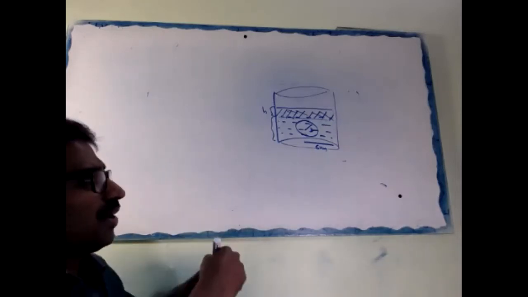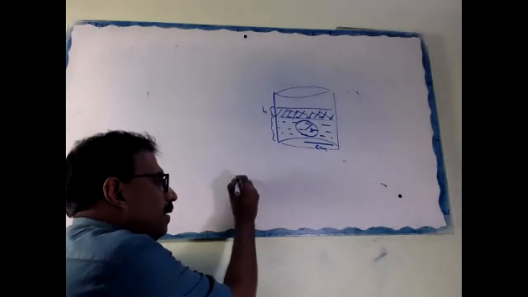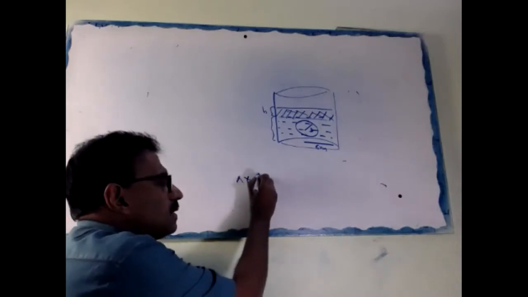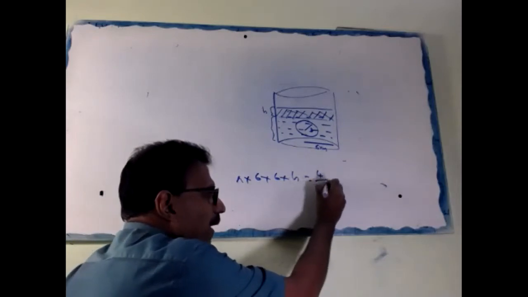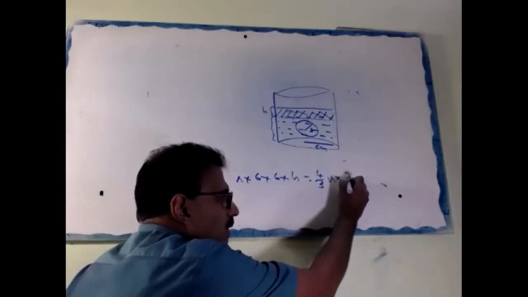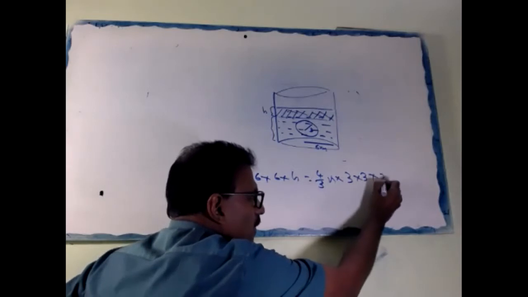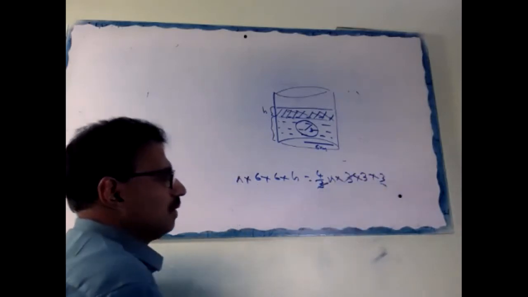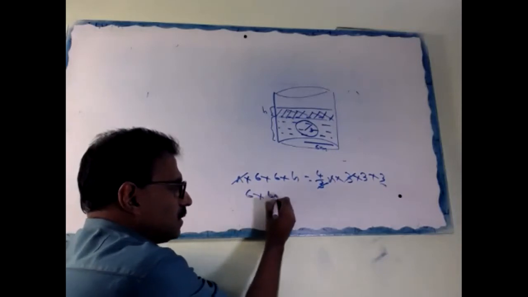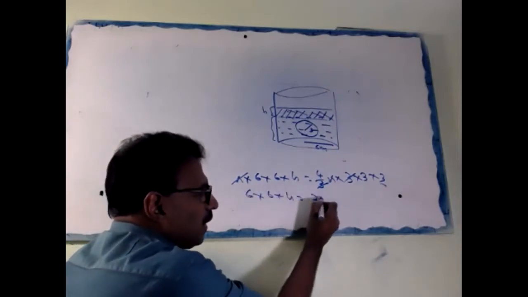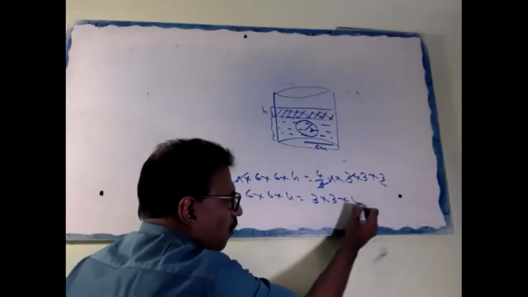So volume of water risen in the cylinder: pi into R square into H, that is pi into 6 into 6 into H, equal to 4 by 3 pi into R cube, that is pi into 3 into 3 into 3. Pi cancel. So 6 into H equal to 3 into 3 into 4.